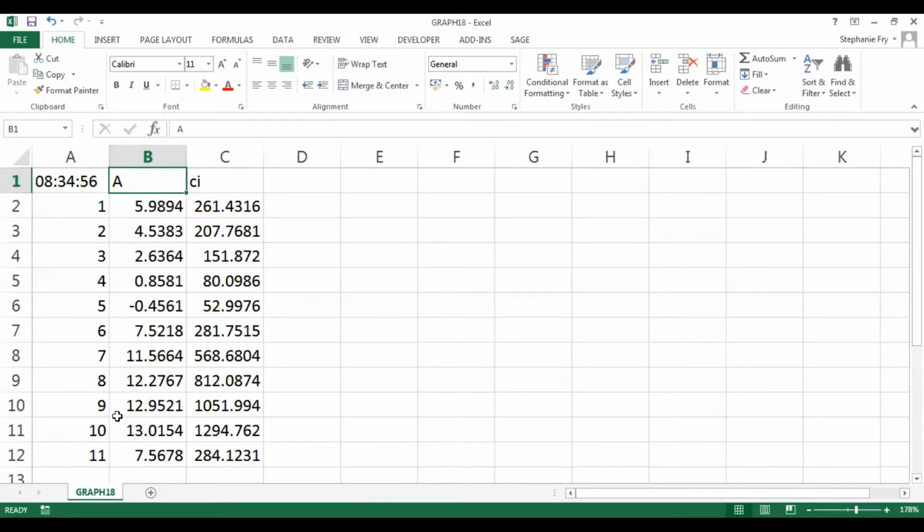The second column shows the parameter that was plotted on the y-axis and all of the corresponding values. In the third column is the parameter plotted on the x-axis and values. So here we have A against CI, rate of photosynthesis, denoted by A, against intercellular CO2, or CI.